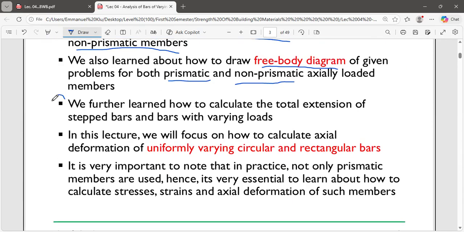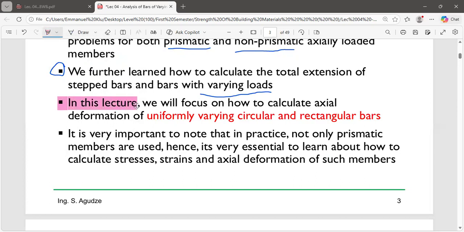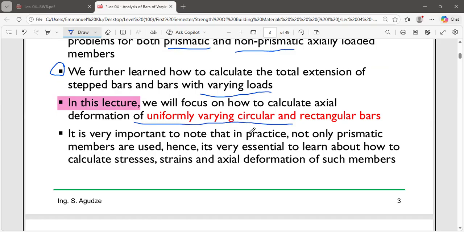I remember we further learned how to calculate the total extension of tapered bars and bars with varying loads. Take note that in this lecture, we will focus on how to calculate axial deformation of uniformly varying circular and rectangular bars.